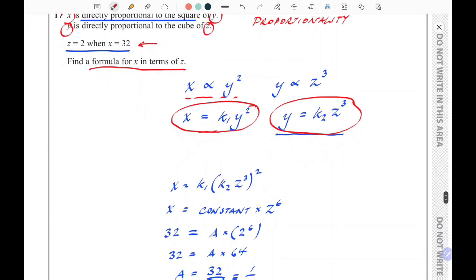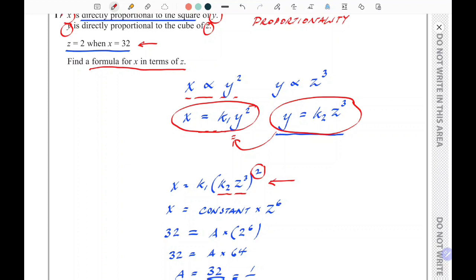So what we can do now is to replace the y in the first one with an expression for y from the second equation. So x equals k1 times y squared. Now y is k2 z cubed, so we put k2 z cubed in brackets and square the whole thing, and that gets rid of the y between the two equations.